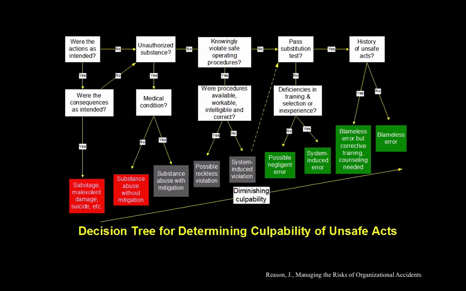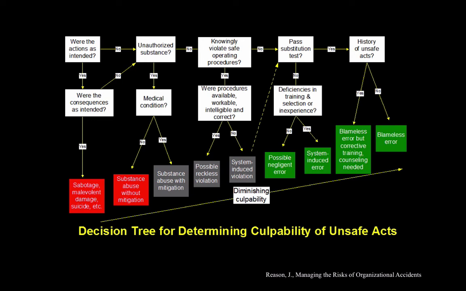For example, some drugs like morphine. If not, then it is an intentional substance abuse case, so there is no mitigation. That means there is no justification for the person having used that. Now, if it is because of a medical condition, probably it is an overdose. So there it is substance abuse with mitigation. So you will have to take necessary corrective actions based on the conclusion that you reach here.